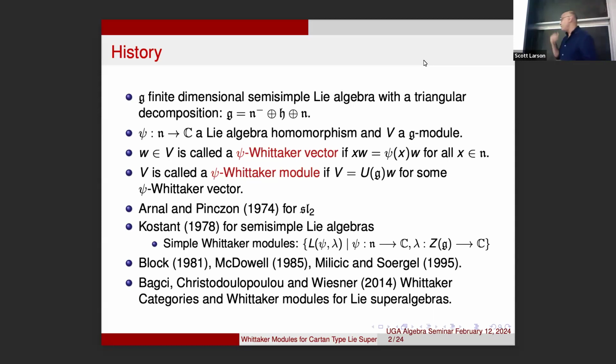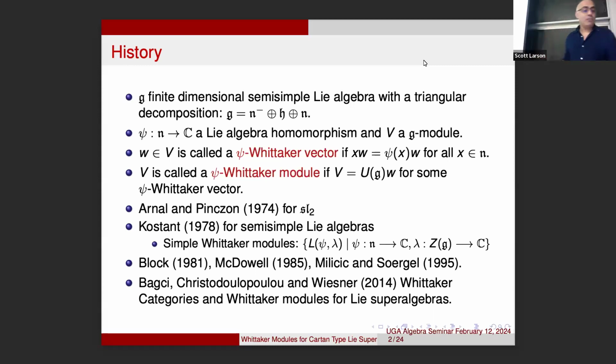You see these modules when they look at all kinds of simple modules for the algebra, especially in the work of Block. You will see for SL2, there are three types of simple modules: highest weight modules, Whittaker modules, and one more type, I don't remember the name, some kind of localized modules. So Whittaker modules are one of the types of simple modules you see for Lie algebras.